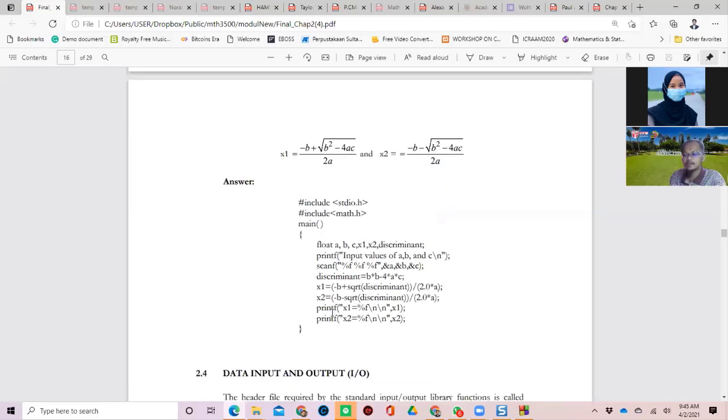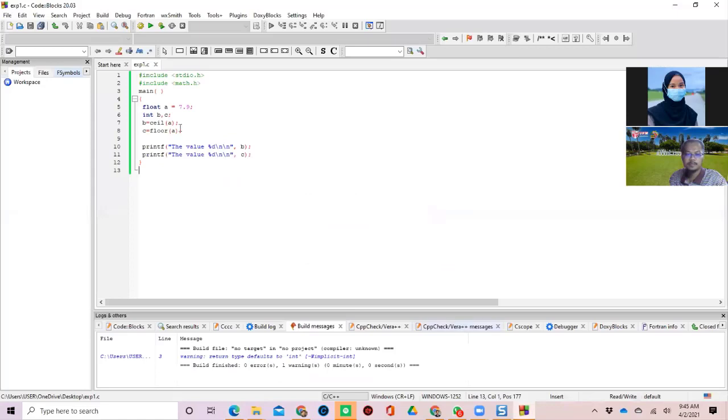After that, we print out the values of X1 and X2. This one is %f because we declared X1 and X2 as float here. So let's run this program: we copy and paste it in here, then run it.